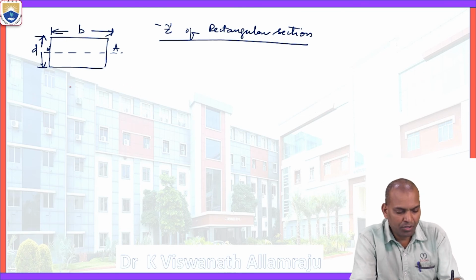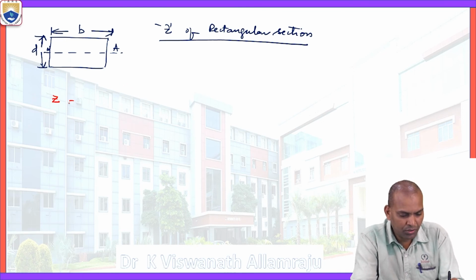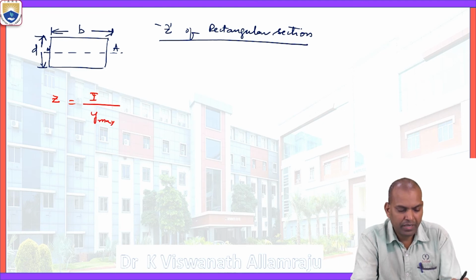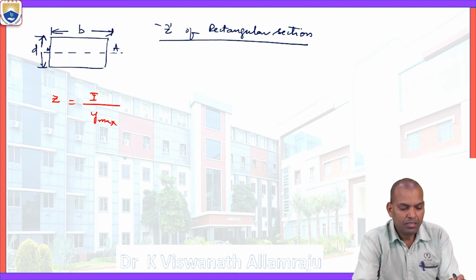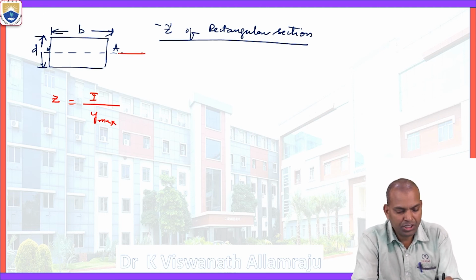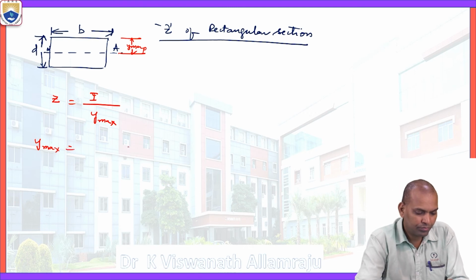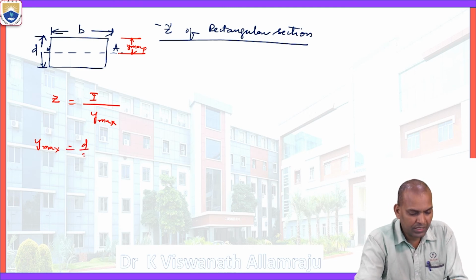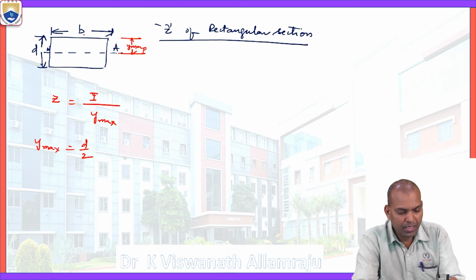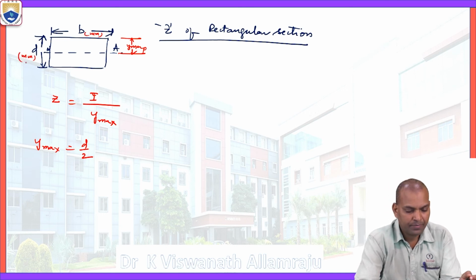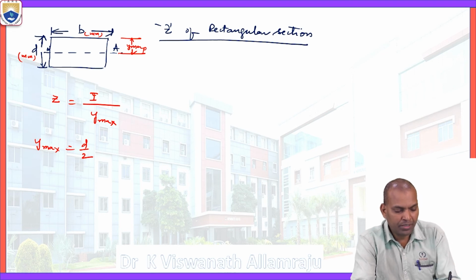We are going to find out the section modulus Z equal to I by Y maximum. What is the Y max? The distance from the neutral axis to the topmost layer. Here Y maximum equals depth d by 2. Here B is in millimeters and D is in millimeters.